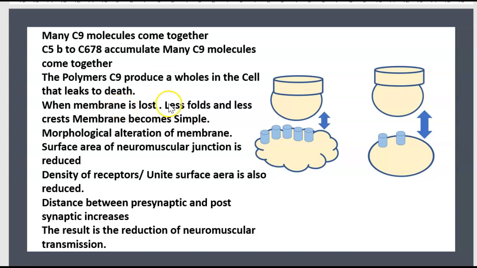When the membrane is lost, with fewer folds and fewer crests, the membrane becomes simple. With this morphological alteration of the membrane, the surface area of the neuromuscular junction is reduced, the density of receptors per unit surface area is also reduced, and the distance between presynaptic and postsynaptic membrane increases.